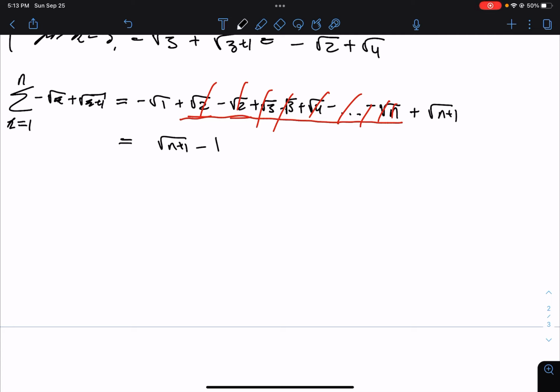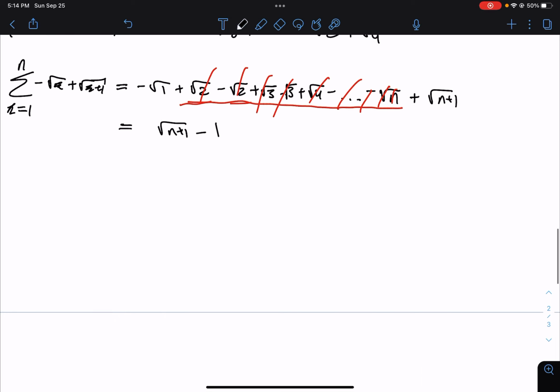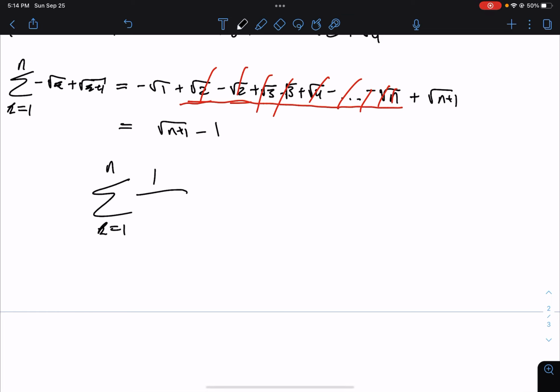Now that I've showed you guys what I had to show you guys, we have our expression. I'm going to write the initial definition. We have this is equal to square root of n plus 1 minus 1.